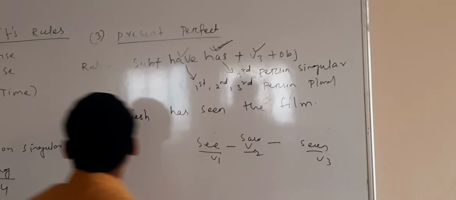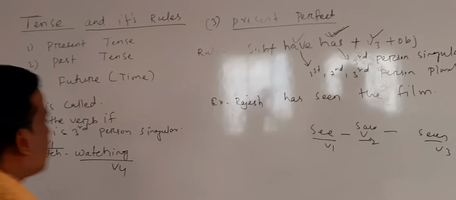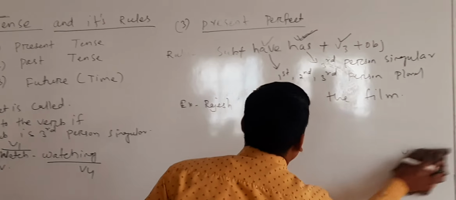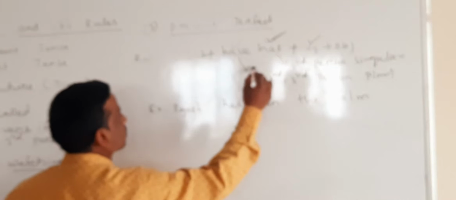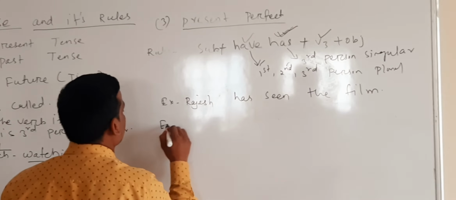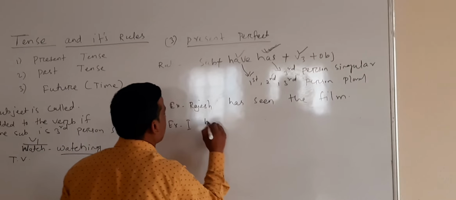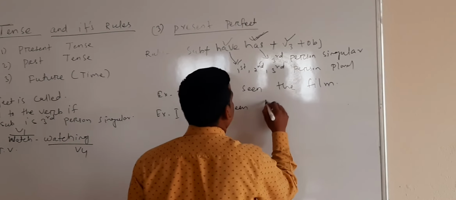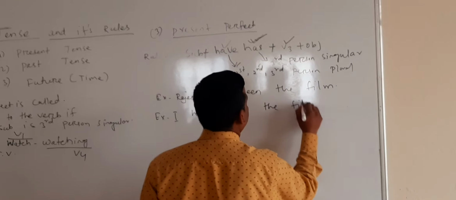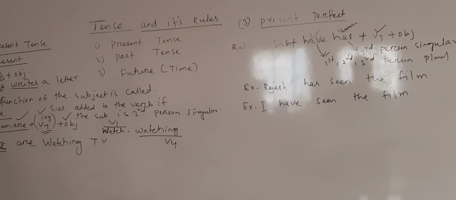Now we give an example using have, which is used when the subject is first person, second person or third person plural. I took the example of first person: I have seen the field. These are the rules of present perfect and its example.